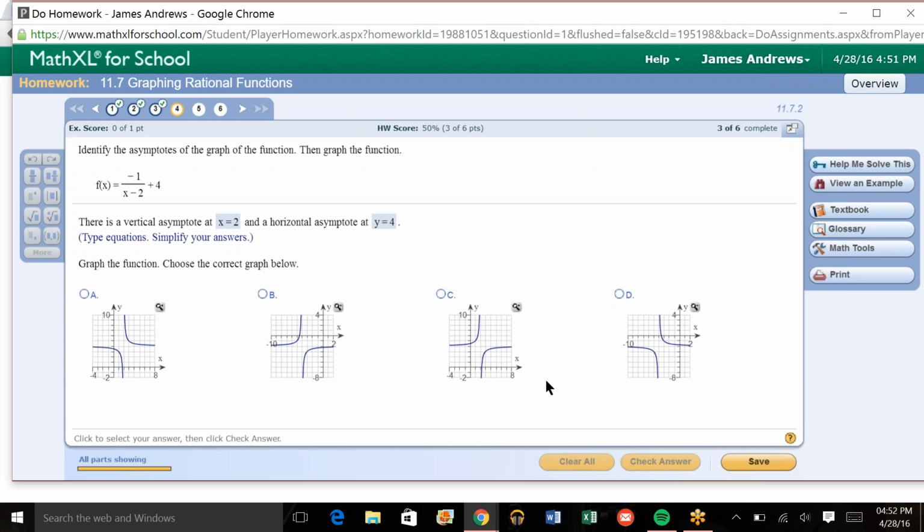Had you come up with an answer of 5, it would have to be A, because that means that when x is 3, y would be 5. It would have to be this curve here, not this one over here. This is telling me that as x gets bigger than 3, y is always going to be less than 4. That's what this curve tells me.